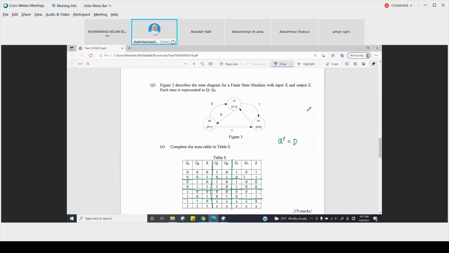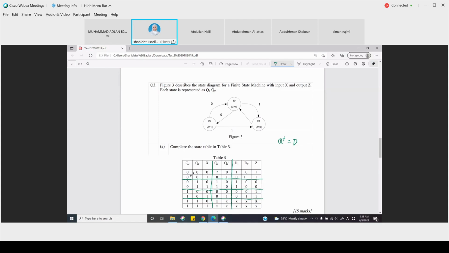Okay, so how to fill this one? When we are in state 0, 0, the output is always 1. Z is always 1 during this state because this is a Moore machine where the output depends on the present state.